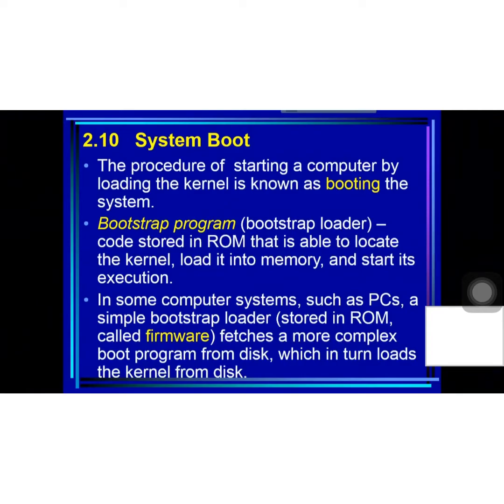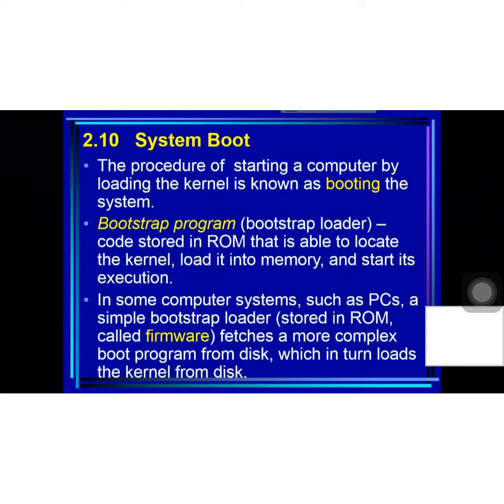A final issue with firmware is that it is relatively expensive, so usually only small amounts are available. For large operating systems, including most general-purpose operating systems like Windows, Mac OS, and Unix, or for systems that change frequently, the bootstrap loader is stored in firmware and the operating system is on disk.